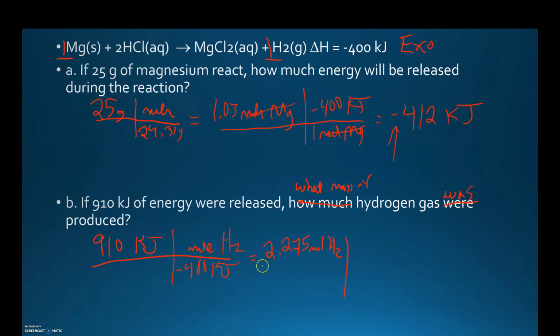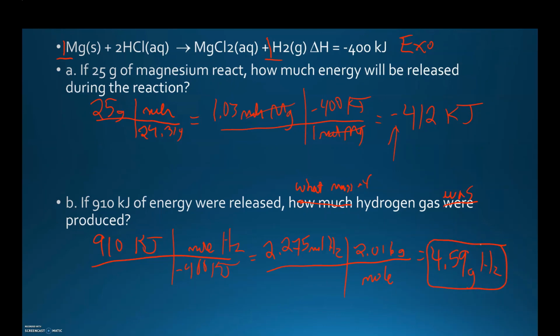So we need the molar mass of hydrogen gas. The nice thing about this is the molar mass of hydrogen is 1.008, so H2 is 2.016 grams per mole. We just multiply this together, and we end up with 4.59 grams of hydrogen.